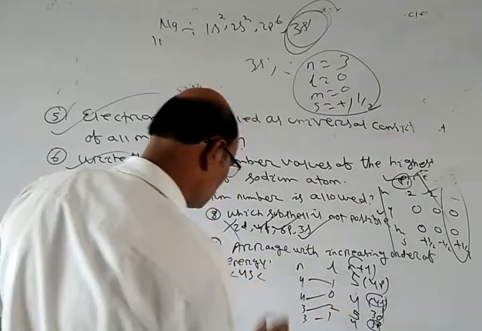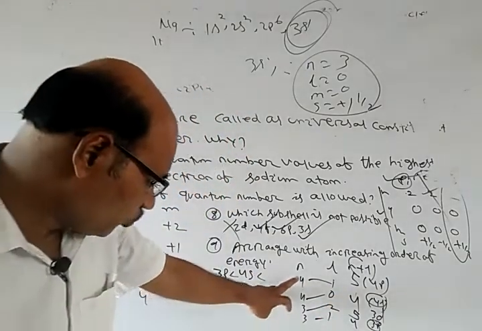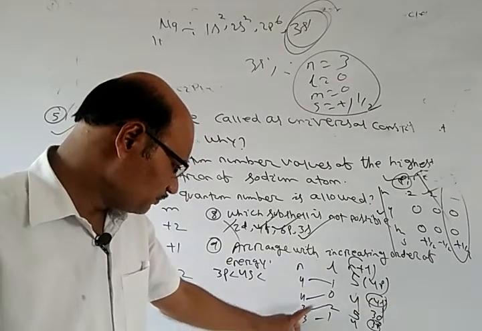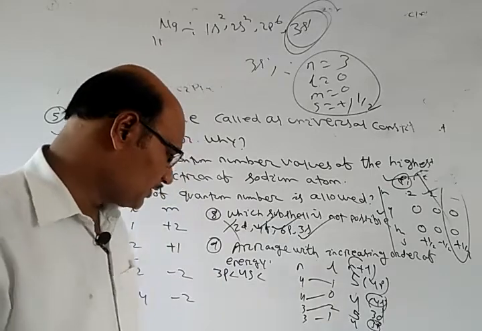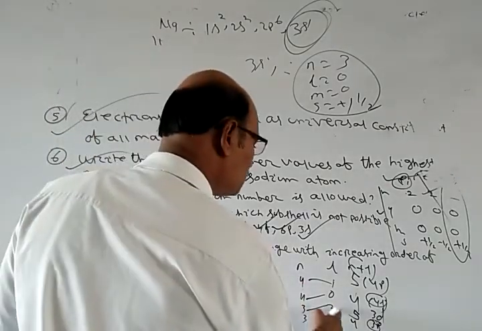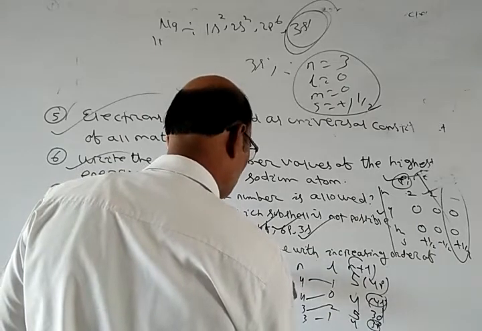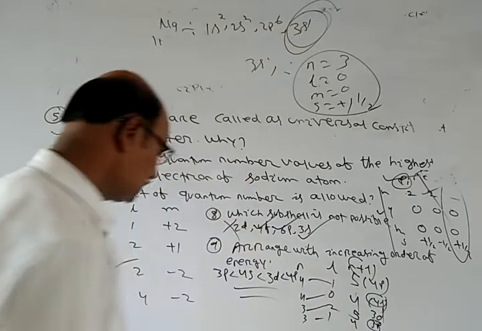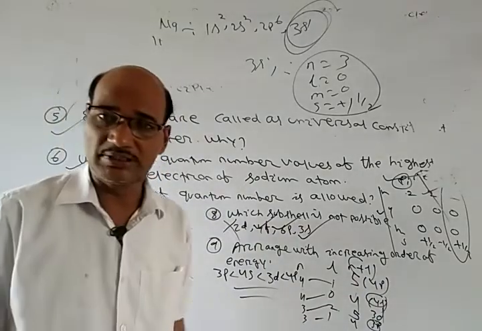Then 4p has 4 plus 1, 5, and 3d has 3 plus 2, 5. Both have the same value of 5, but here the n value is 4 for 4p, so it has more energy. So 3d comes first, then 4p. This is the order of increasing energy.